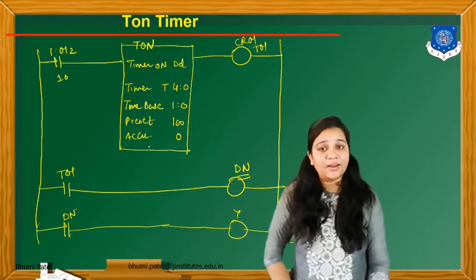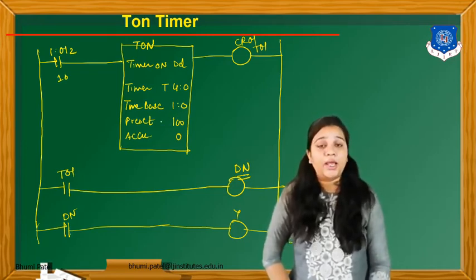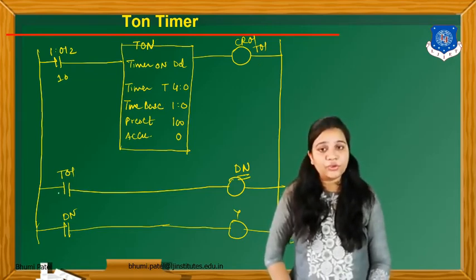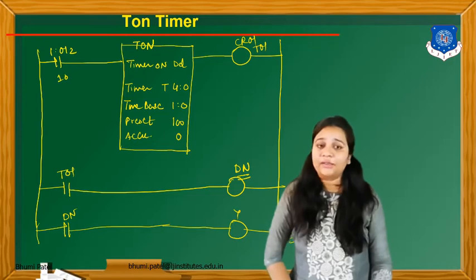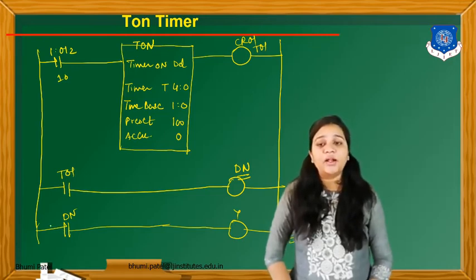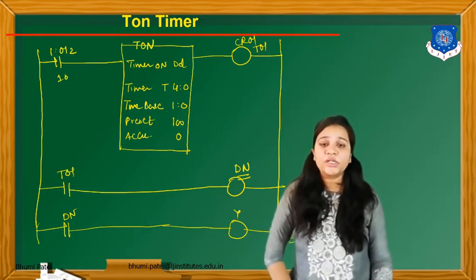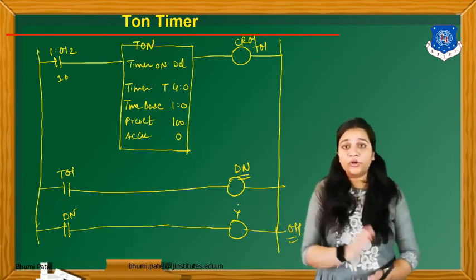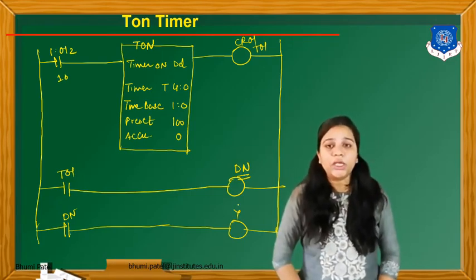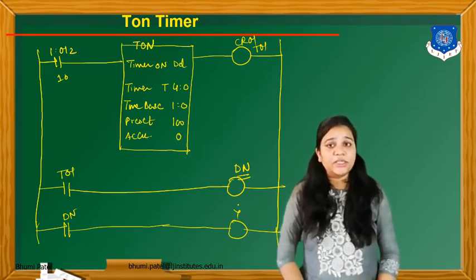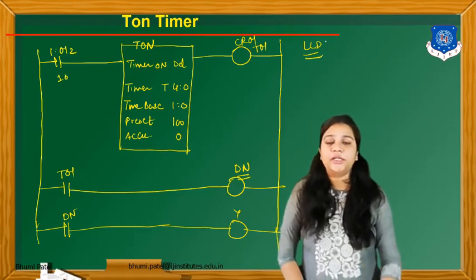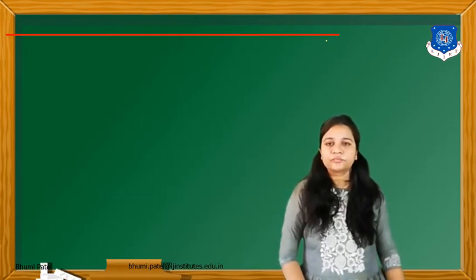So every 1 second my accumulator value will increase up to 100, and after that my output goes on. Whenever the done bit is high, whatever output is connected to this particular timer will be on, because here we use the T-on timer. So this is the ladder logic diagram for this T-on timer. Clear?